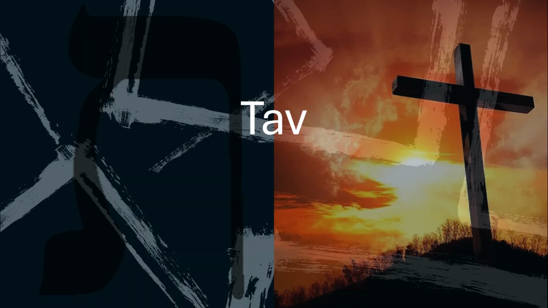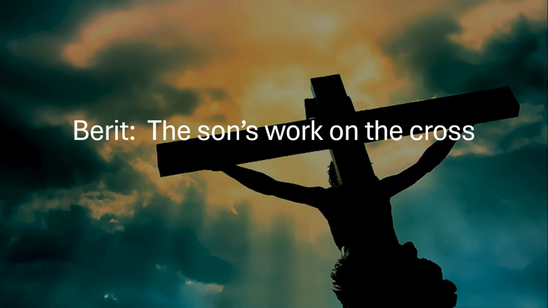It's the last letter in the Hebrew alphabet. It's represented by a cross. And the meaning of this cross is the covenant. Goodness. So the word for covenant, Barit, means the son's work at the cross. Now these three brothers, Mamre, Eshcol, and Aner, owned a covenant with Abraham.